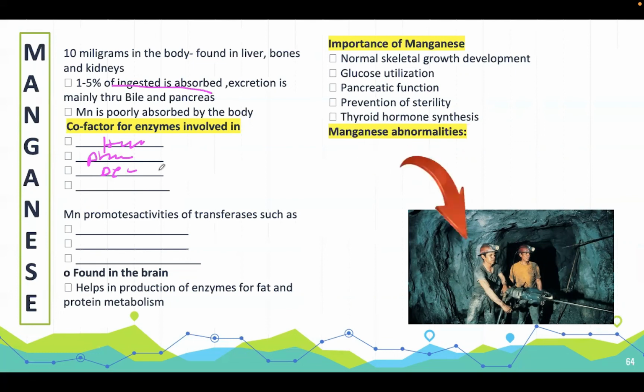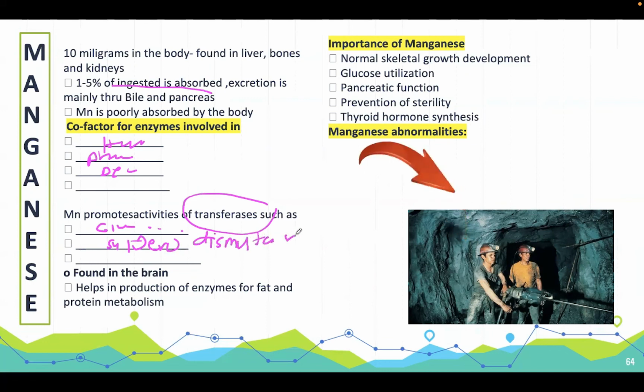So ito, mga good to know na lang po, your manganese promotes activities of transferase, mga enzymes na naman to, such as glucosyl transferase. Next, superoxide dismutase. Next, glutamine synthetase.